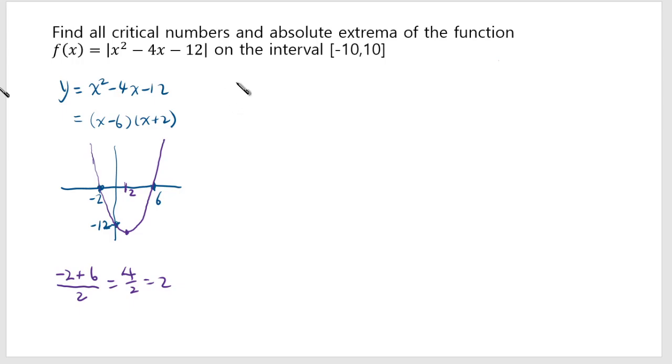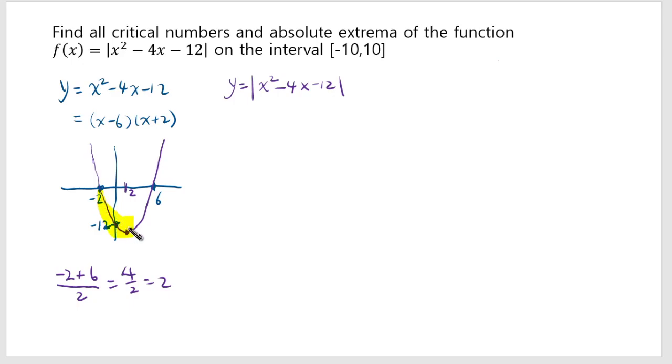Now you can take the absolute value. Absolute values make negatives positive, right? So look at the previous graph and see where the function value becomes negative, that is, where the y value becomes negative.